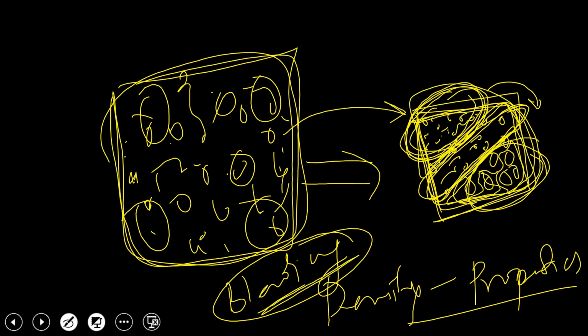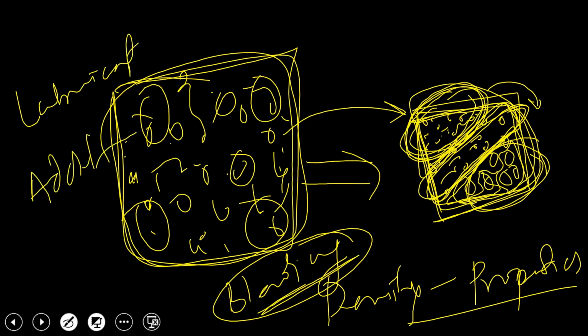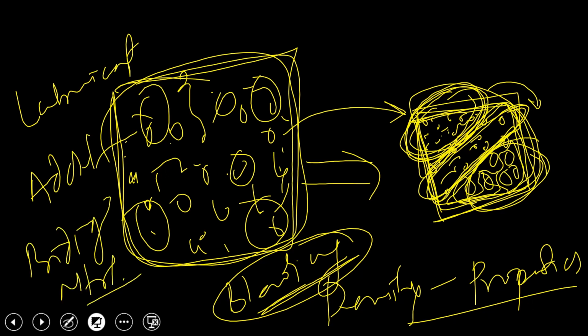Then second, in blending we also add lubricants and additives, additionally some binding materials also. Now all these elements that we add to the powders have got some specific roles to play.